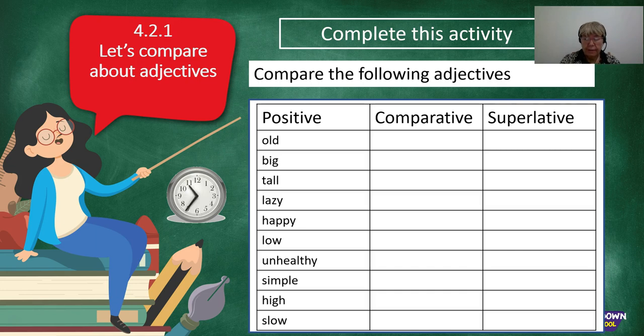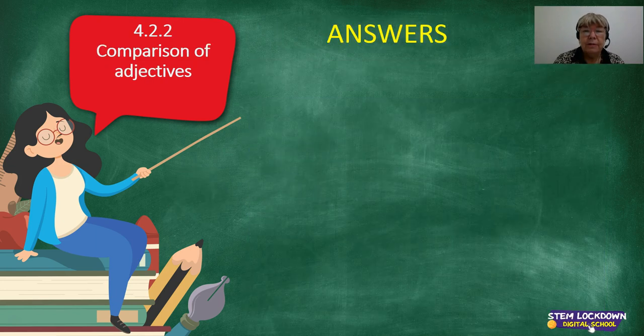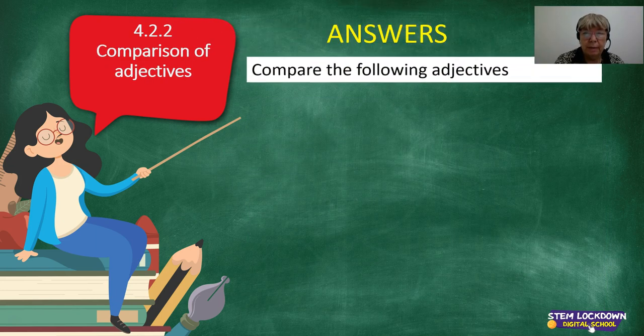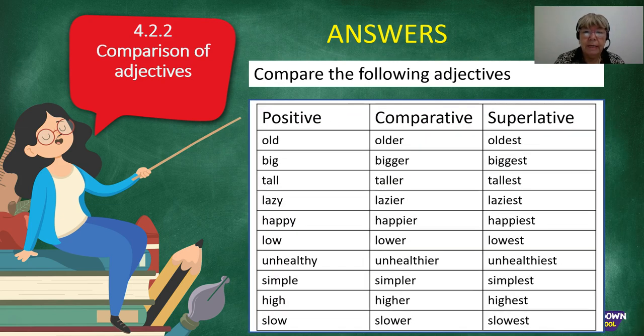All right. Ready to mark your work? Good. So, as I said, this is worth 20 marks. Let's read together and we'll go across. Old. So you're going to give yourself a tick for each one in the middle, all the comparatives and all the superlatives. Okay. Old, older, oldest. Big, bigger, biggest. Tall, taller, tallest.